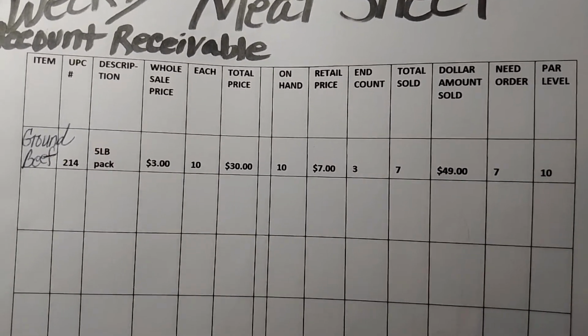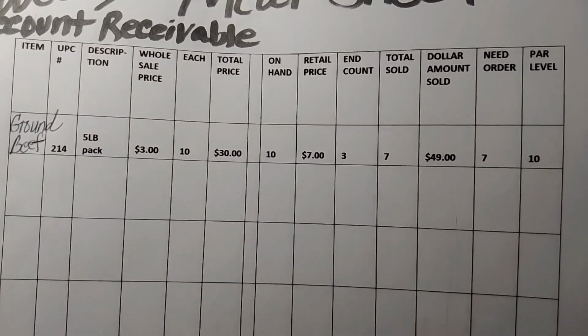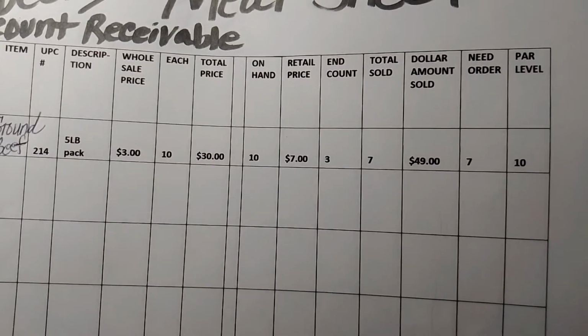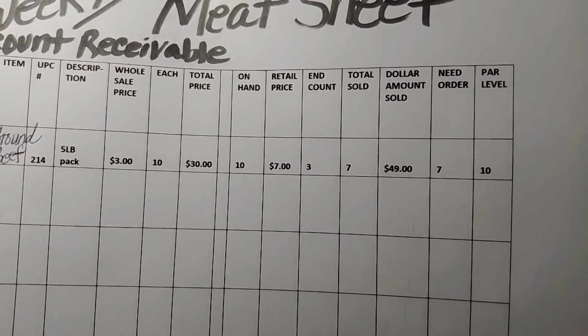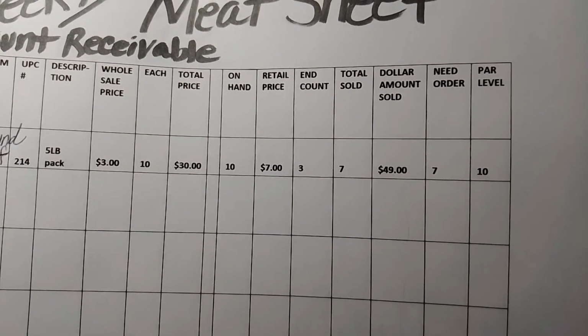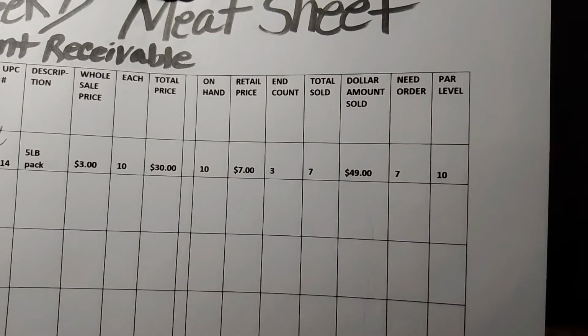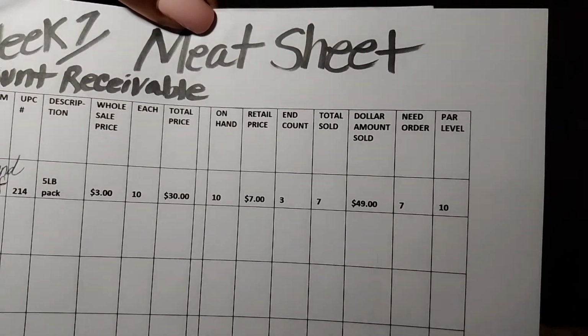The UPC number is 214. The description is a 5-pound pack of ground beef. And the delivery company charged you $3 for it. And the each is 10. We got 10 of them, because remember, everything that we're ordering is 10.